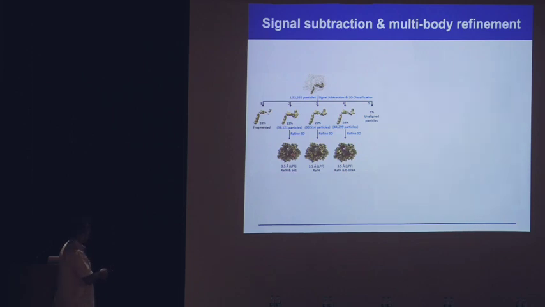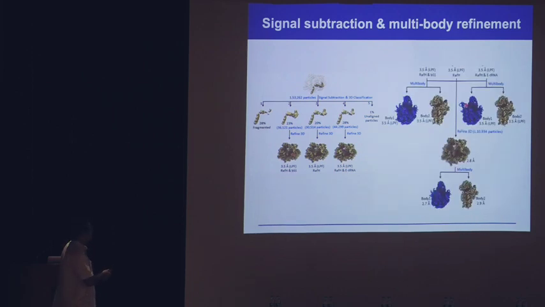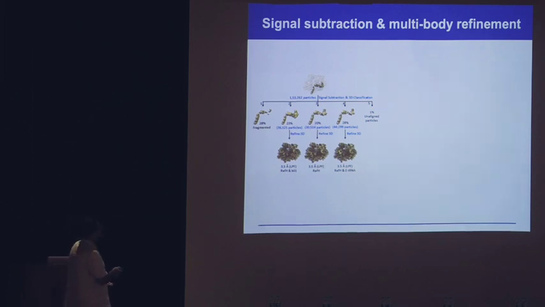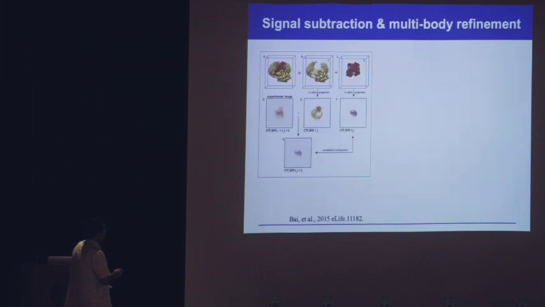To understand more about this, this is called multibody refinement, where you treat each subunit of the ribosome as a different body and let them freely align and move. Okay. Now to understand more, I recommend, especially for students, you read this.